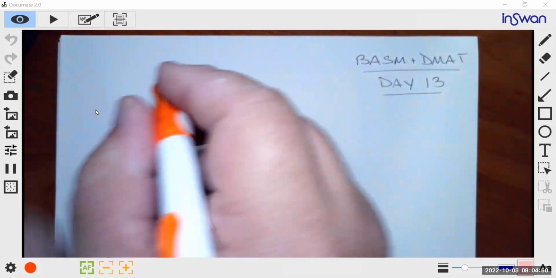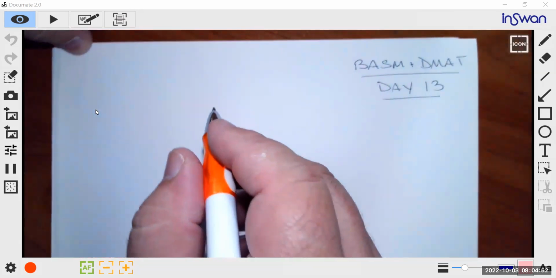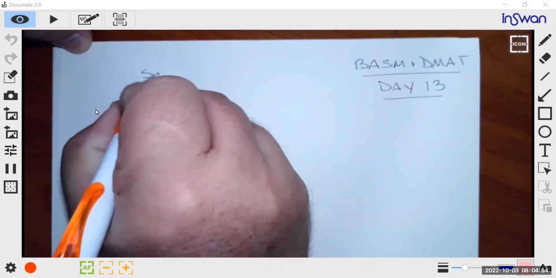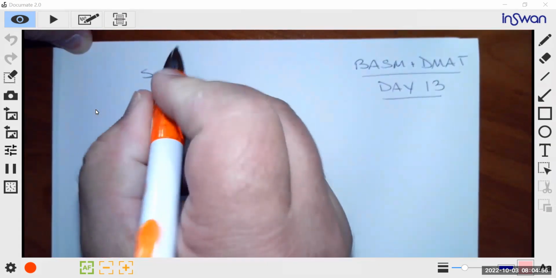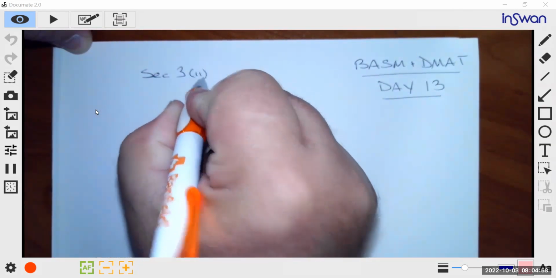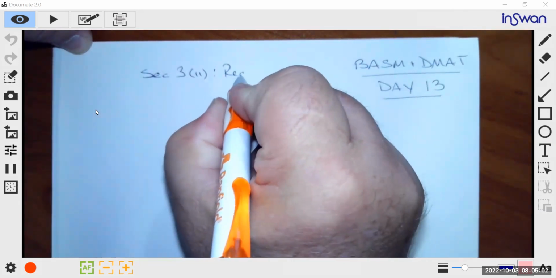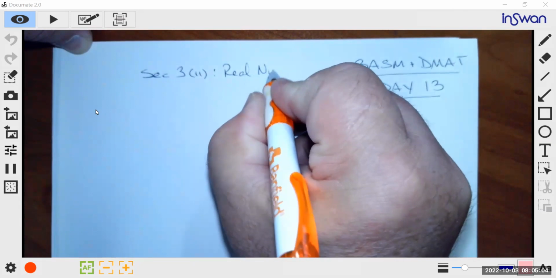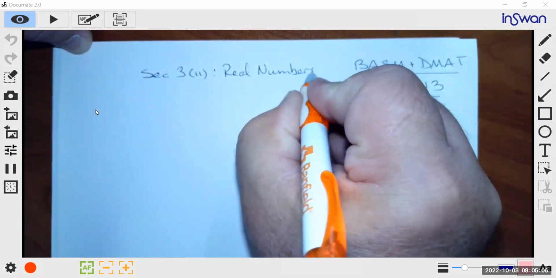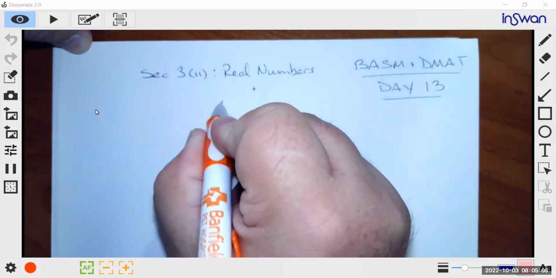So, section 3 of chapter 11 deals with real numbers and the number line.